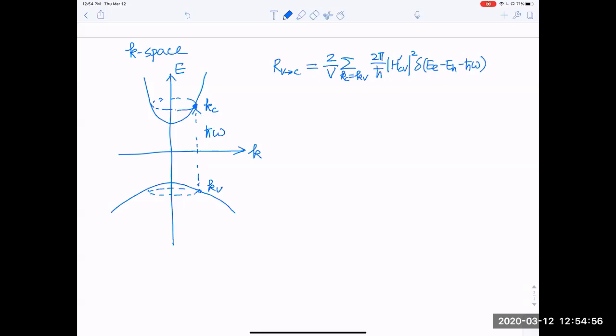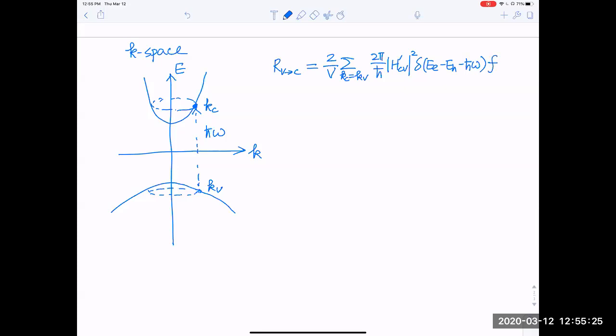Now, in a semiconductor, we also need to consider the occupation of the particular state. In order for the absorption to happen, the conduction band needs to be empty and the valence band needs to be occupied. So we need to multiply by the Fermi-Dirac distribution here.